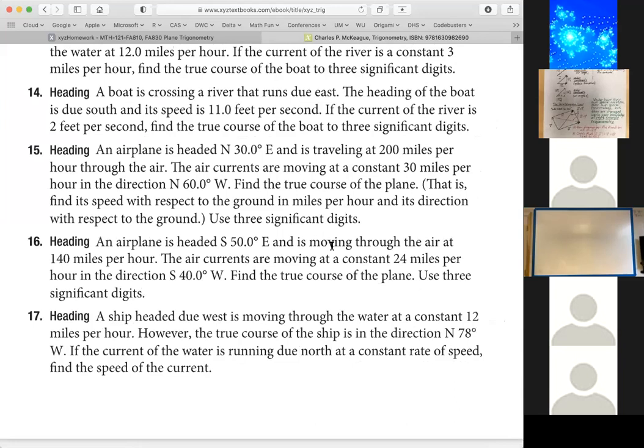The reason I picked 15 is I want to show you that magnitude doesn't always mean length as in miles or inches or feet. Let's read it together, and then let's draw it. An airplane is headed north 30 degrees east and is traveling 200 miles per hour through the air.